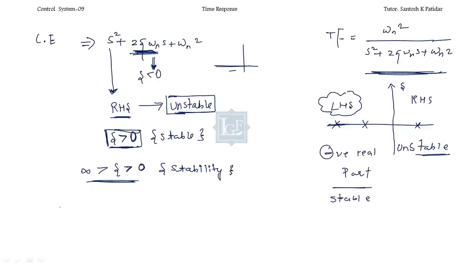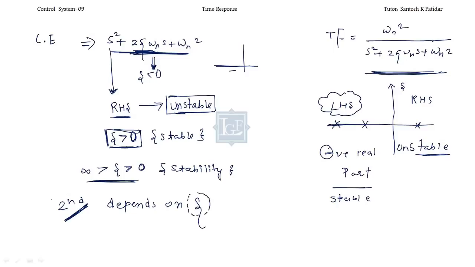So can I say your second order system depends on zeta? Your second order system poles depend on zeta value. So who is controlling your second order system output? This zeta only. Correct.